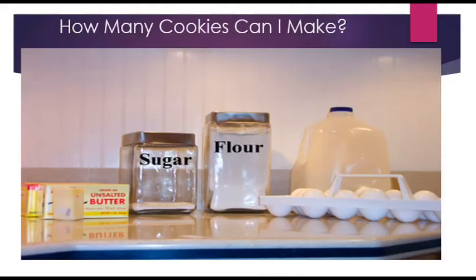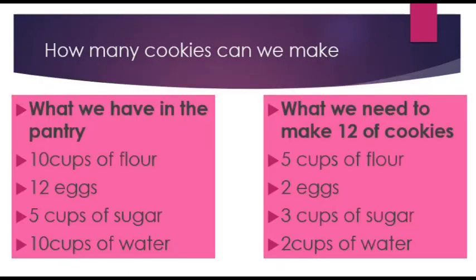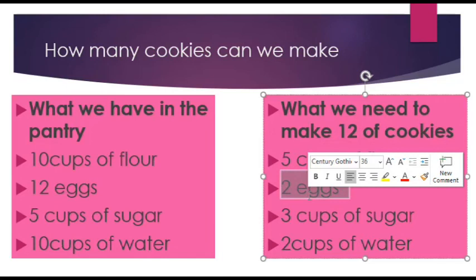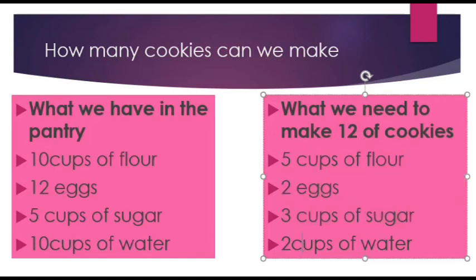How many cookies can I make? We have in the pantry 10 cups of flour, 12 eggs, 5 cups of sugar, and 10 cups of water. To make 12 cookies, we need 5 flour, 2 eggs, 3 sugar, and 2 water. How many cookies can we make? If you notice, we can only make one batch, and then we will have a lot left over.